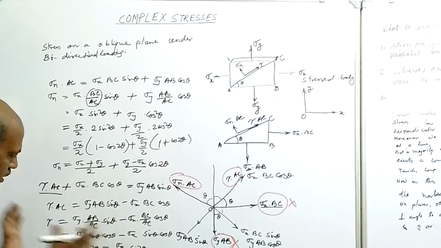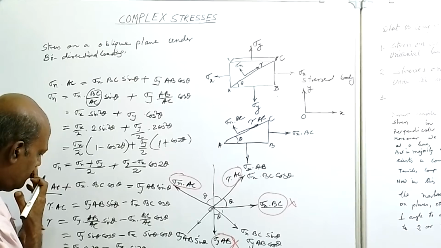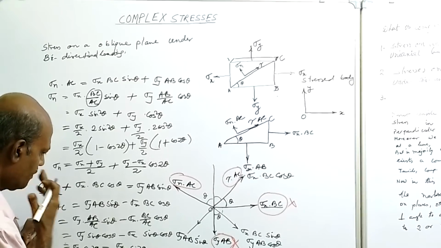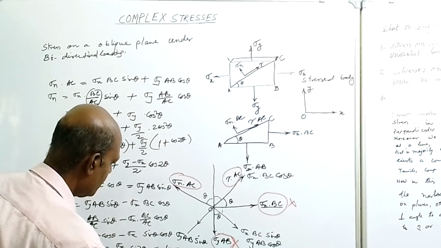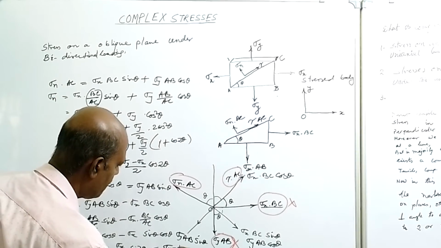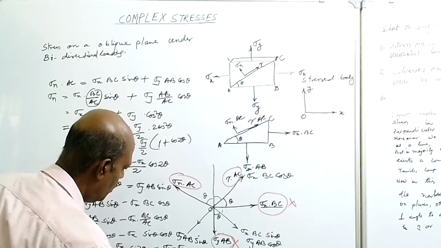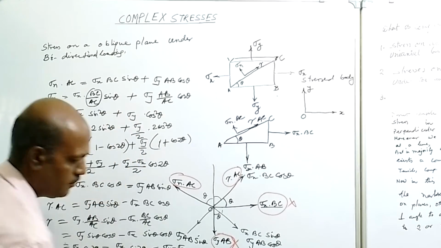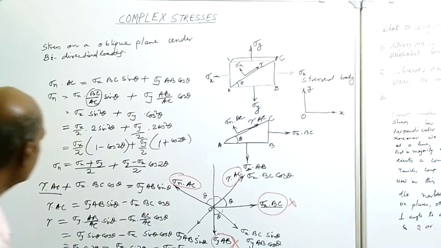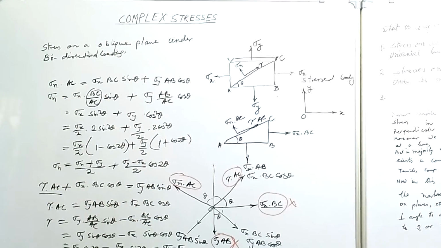So we can take common sin 2 theta. So it will give (sigma y minus sigma x) by 2 sin 2 theta. So we have got sigma n and tau value.